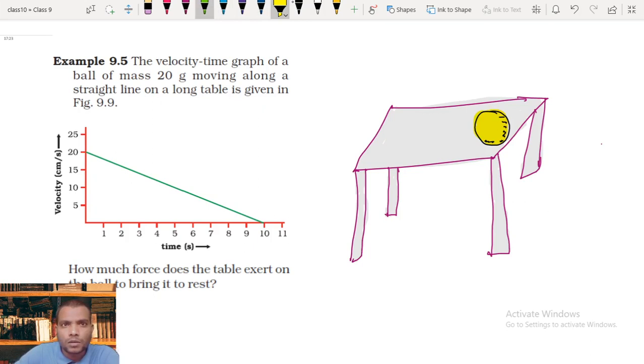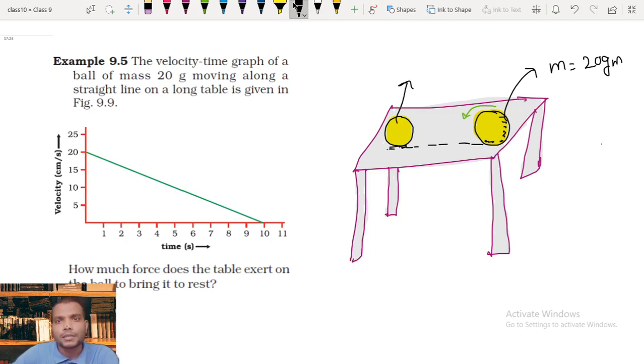It's just rolling. The mass of the ball is equal to 20 grams. Since it is rolling, finally it came to rest here. So this ball came to rest.